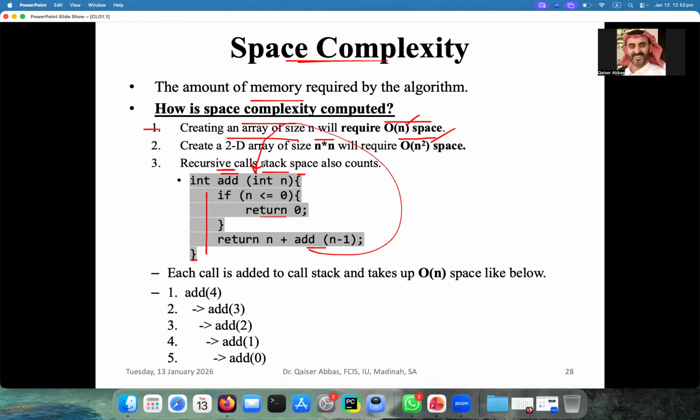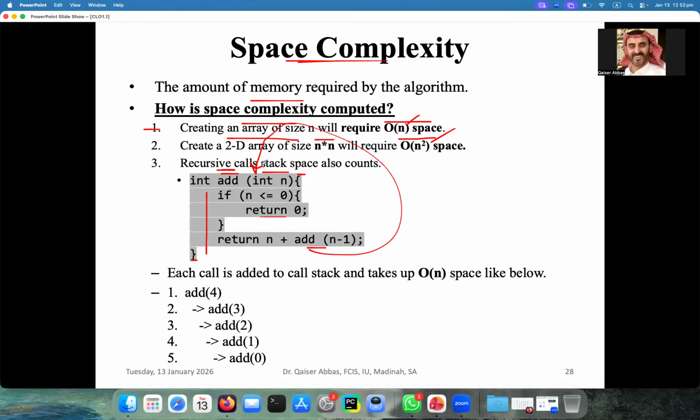So you have to calculate how much time this recursion is going on, because in computer programming languages, when you are using recursion in your algorithms, then a stack will be created. When your program runs and has that recursion inside, a stack will be created.